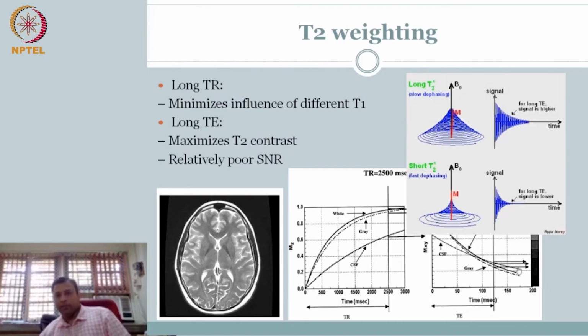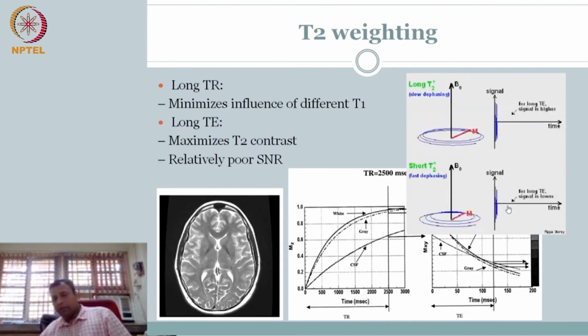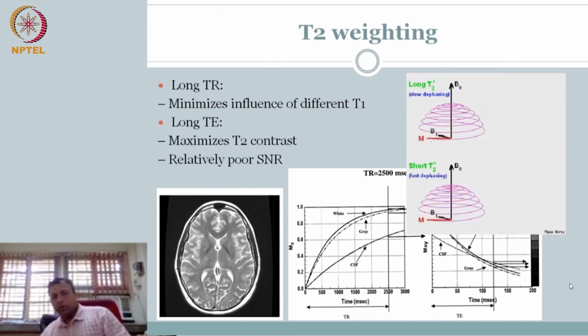So here it is the same thing. If it has a long T2 star, then you might get good signal over a longer duration. If it is a short T2 star, the signal will drop down abruptly, so you will have a poor signal to noise ratio. But we are interested in T2. So the T2 signal to noise ratio also depends on the T2 star property at that location. You can play the animation, rewind it, slow it down and align it to your understanding.